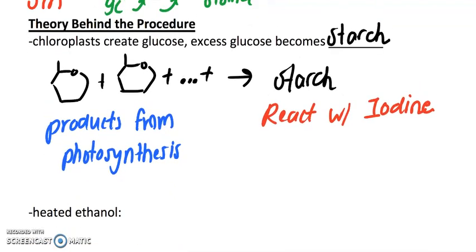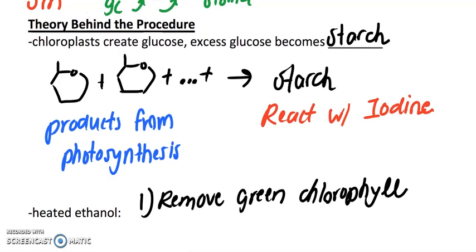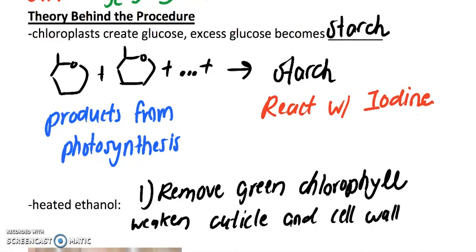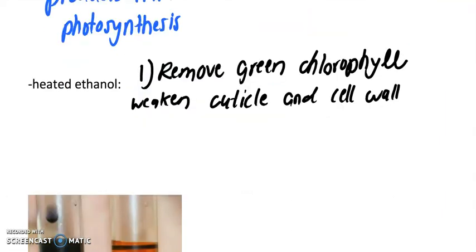And that's because we need to remove the green chlorophyll, or else we won't be able to see the reaction. And if you add heated ethanol, it's going to weaken the cuticle and also the cell walls of these structures. What that's going to do is allow iodine to enter the cell.